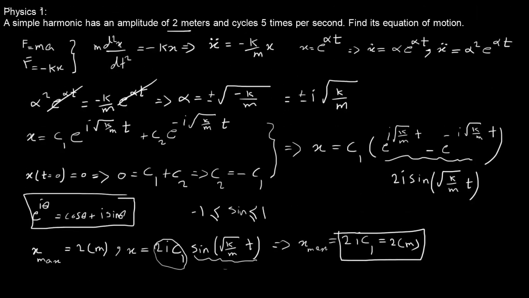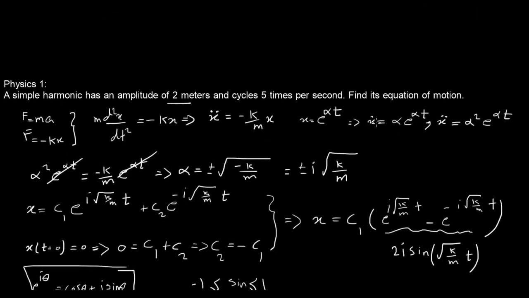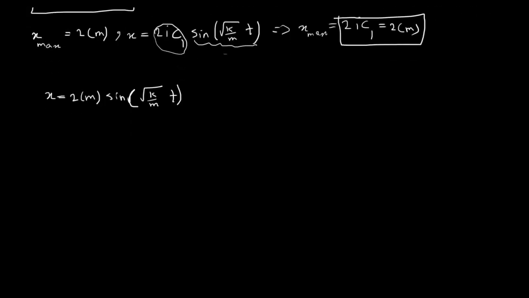Now I'm going to use this other information that it cycles 5 times per second. So let's go back down. Let's draw the sine equation. This is x and this is time.